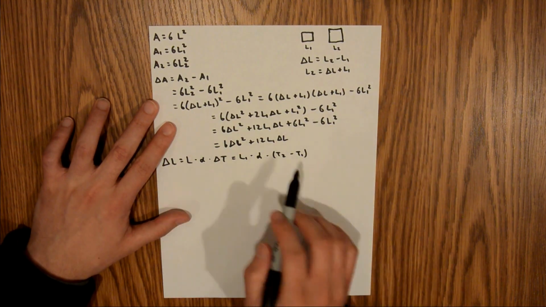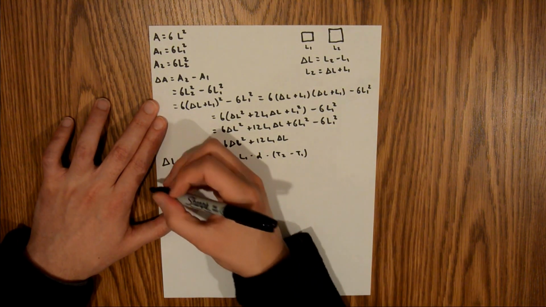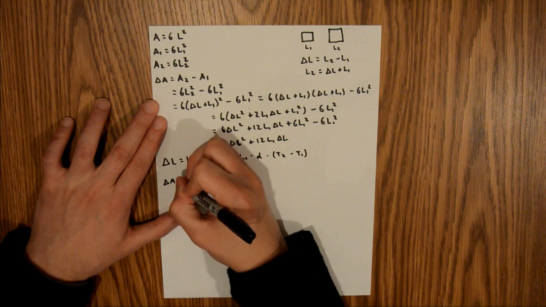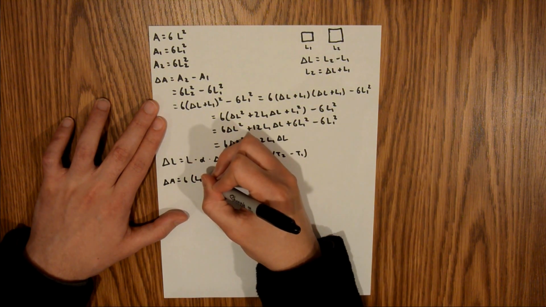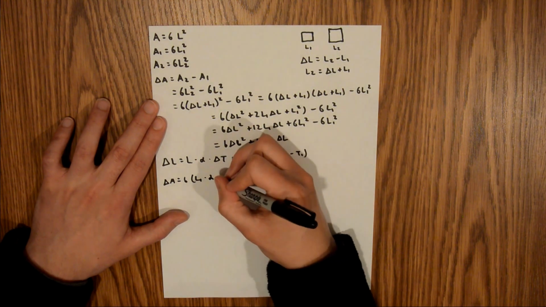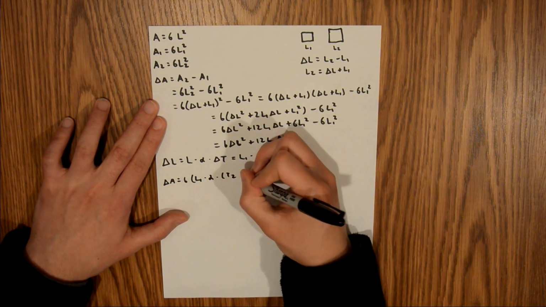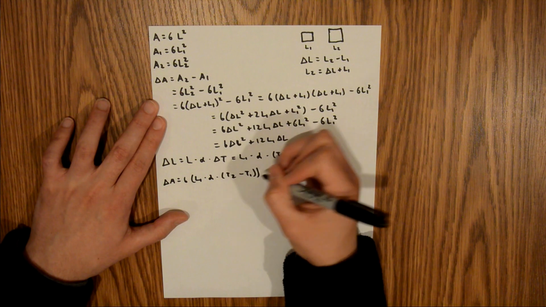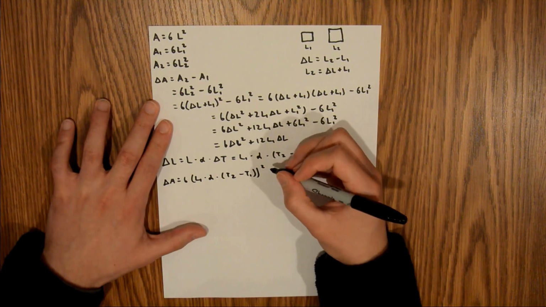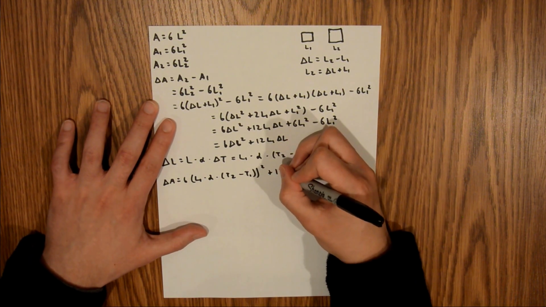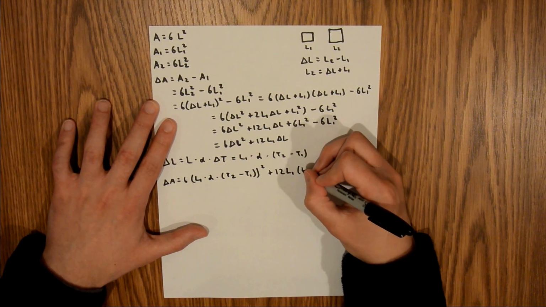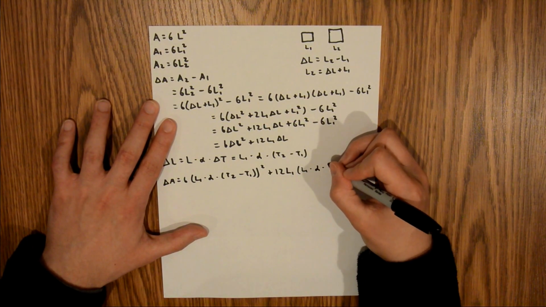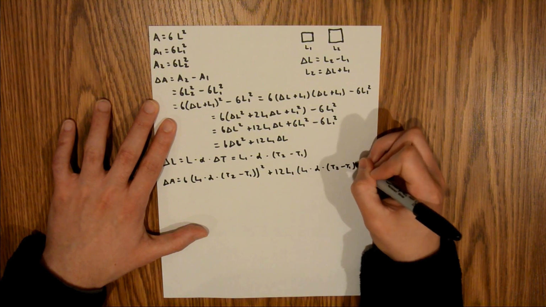And so now we can take that and plug it back into this equation, meaning that our delta A is equal to 6 times L1 times alpha times T2 minus T1, that entire quantity squared, plus 12 L1 times L1 times alpha times T2 minus T1.